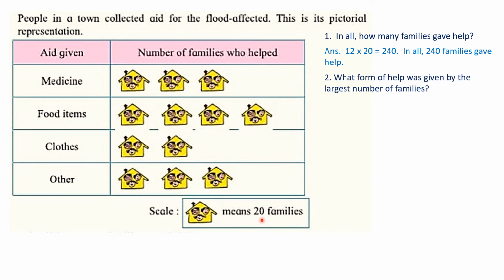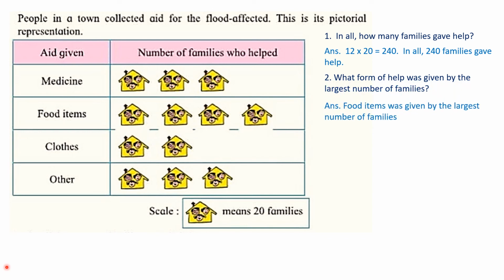Next question. What form of help was given by the largest number of families? So we will see in the chart the number of families are 4 for food item. So we will write the answer.